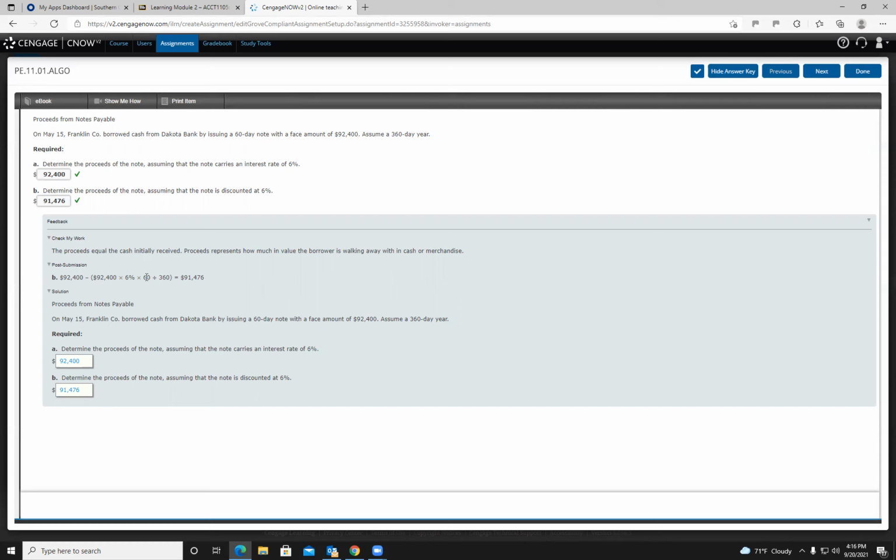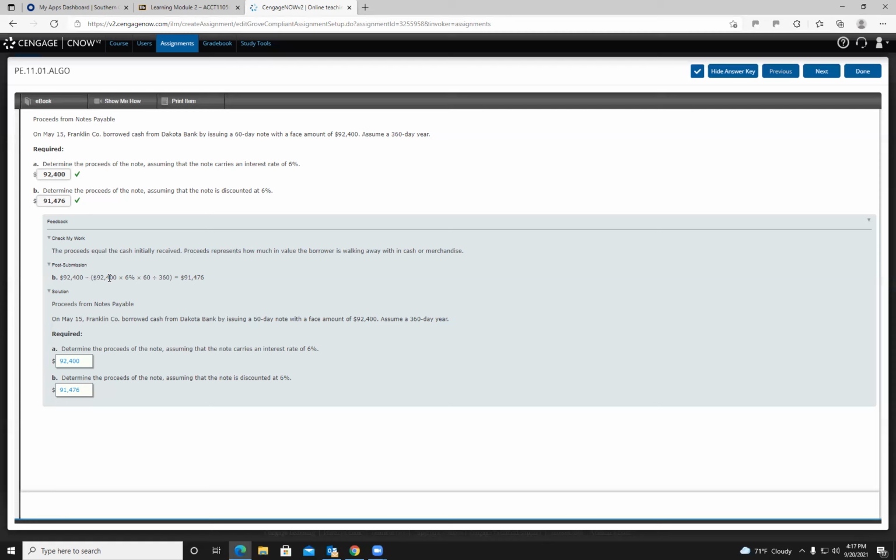First, we take the 60-day note and divide it by the 360-day year. Next, you take the 92,400 and multiply that by 6%. You multiply the two values by each other, and that is normally the interest amount.